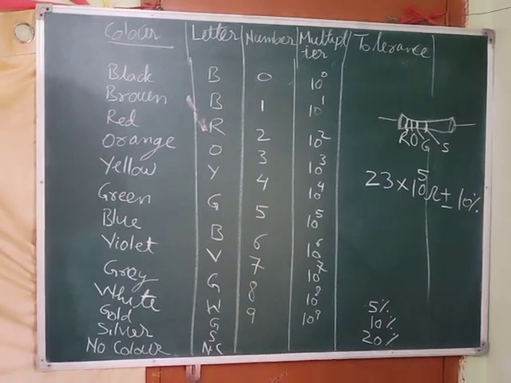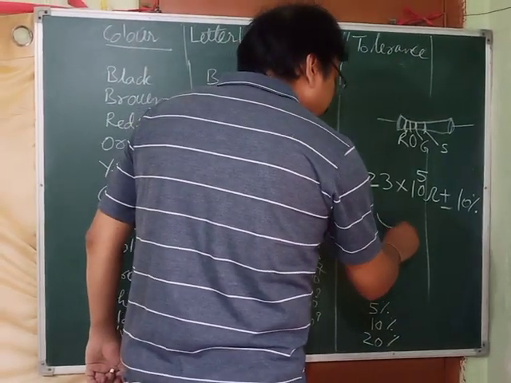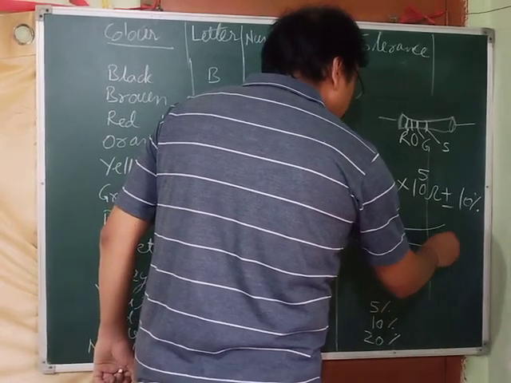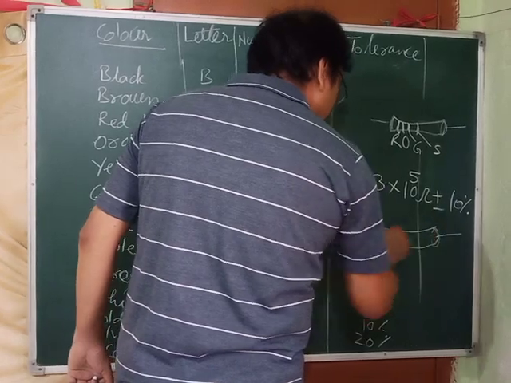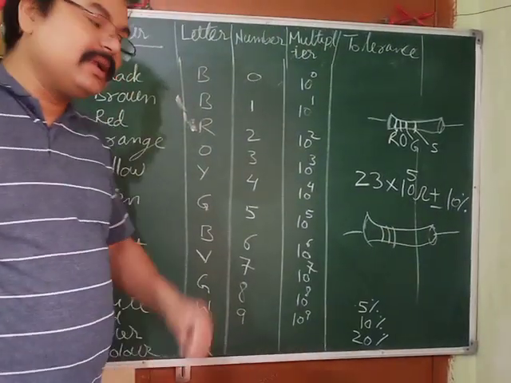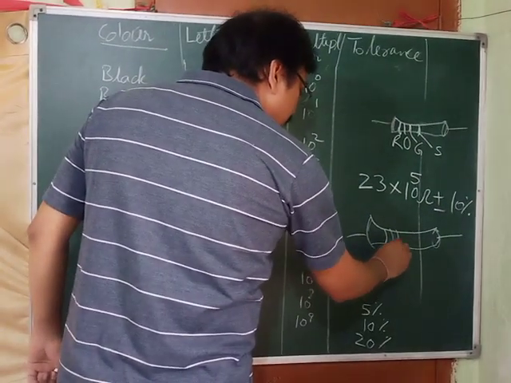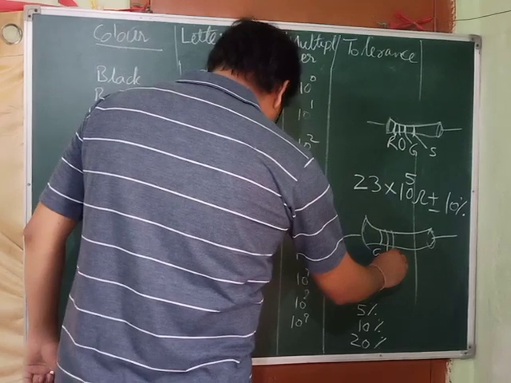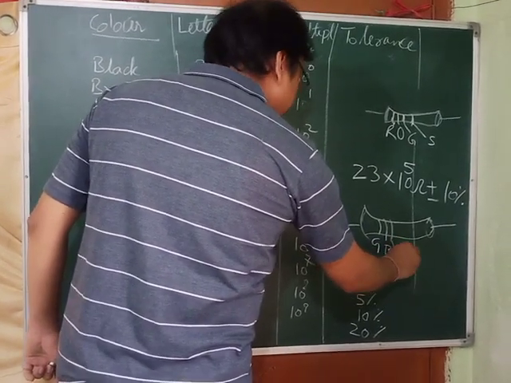Okay. This may happen that in a case this resistor has got only 3 bands. Fourth color is not there. So what will happen? Suppose this is green, this is suppose blue, and this is suppose orange.